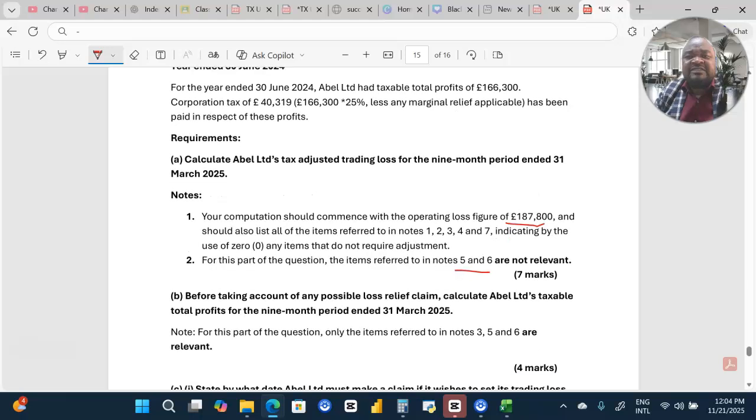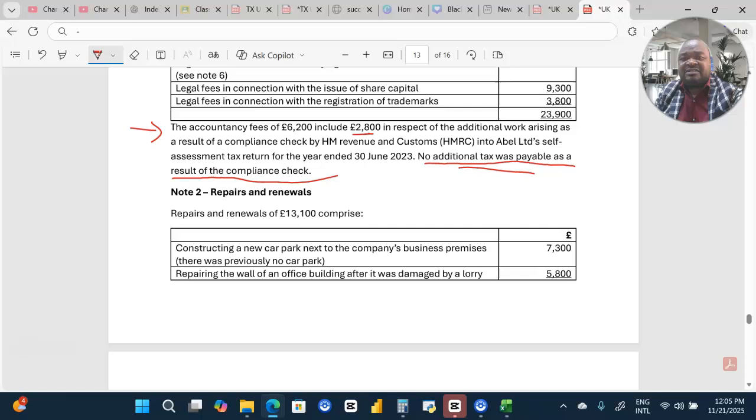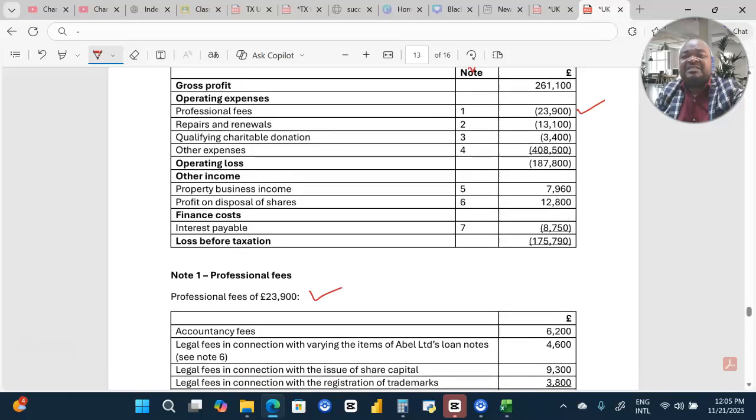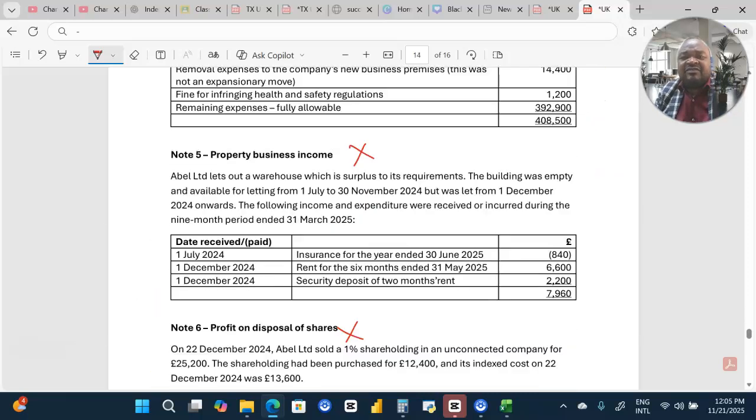You should start from the operating loss of 187,000 when computing your tax adjusted trading loss. Where is that loss? This is the loss we are talking about. Isn't it the same figure, 187,800? I think that's the same figure.